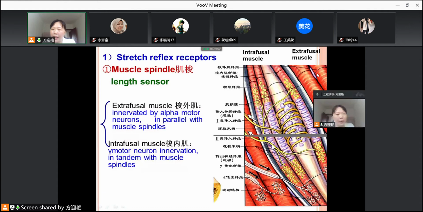But if it relaxes, the muscle becomes longer, and the muscle spindle feels this length change and is also excited. I hope you know the extrafusal muscle and the intrafusal muscle.